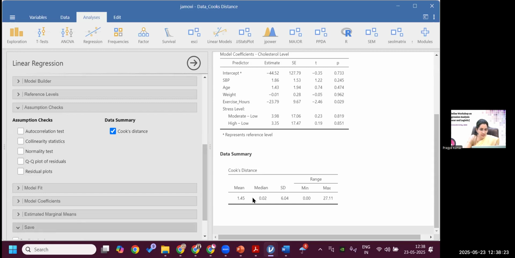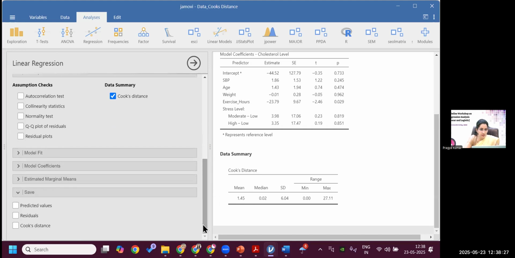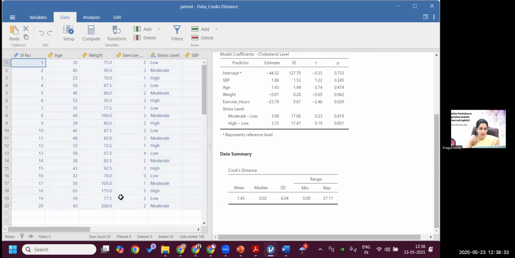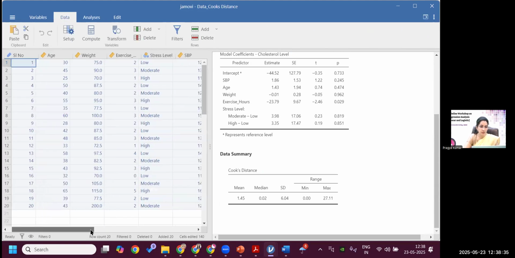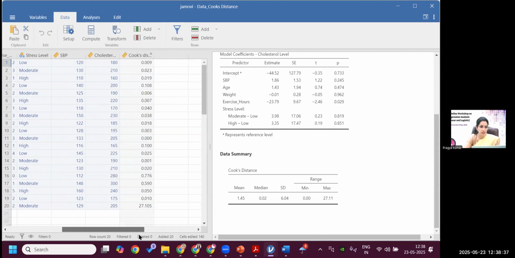If you come to the save option and click on Cook's distance, and then go to the data, it will give you the Cook's distance. Can you see the Cook's distance here? All are less than 1, except this one. It has a value of 27. Can you see this 27?